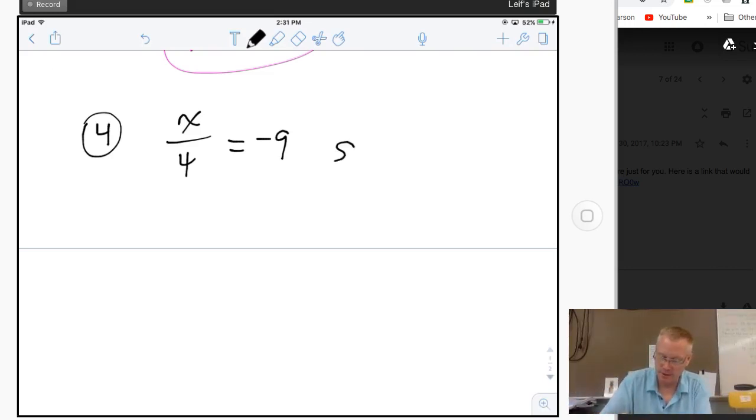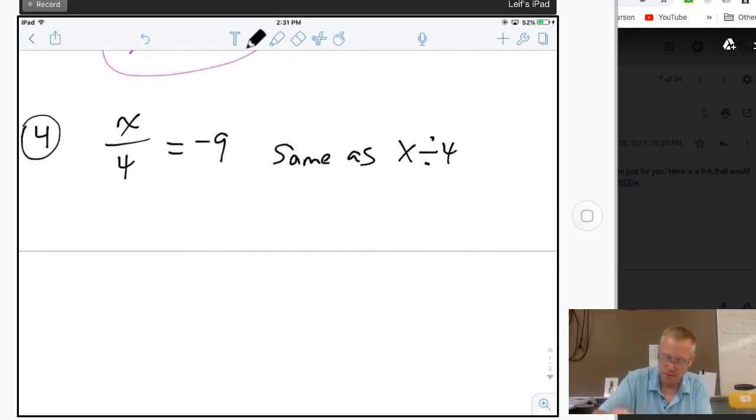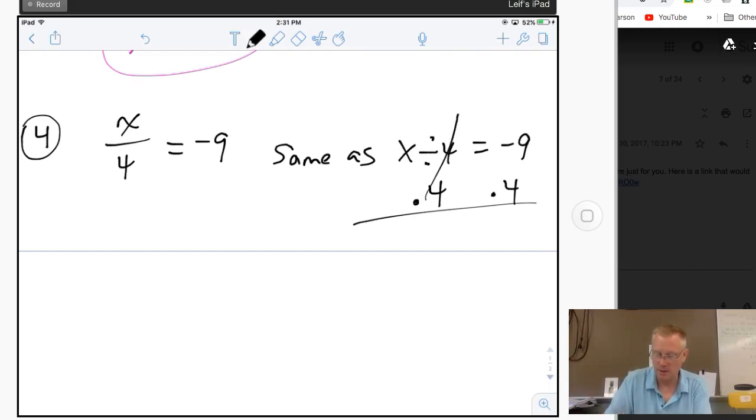This is really the same as x divided by 4 equals negative 9. Either way, you're going to be multiplying by 4, because what's the opposite of dividing by 4? Well, that's multiplying by 4, okay? And then those cancel out, because multiplying by 4 and dividing by 4 is 1, so you multiply x by 1 and you get 1x, which is x.